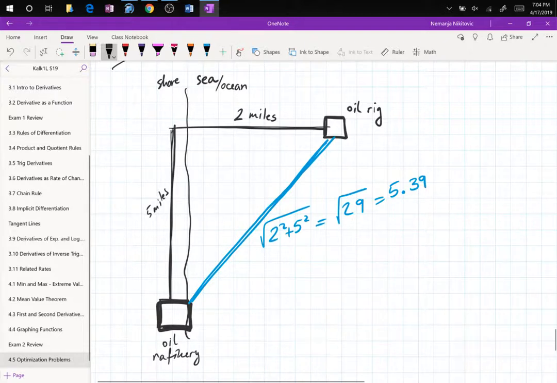And so what would be the cost of, but let's just make up some numbers. For a mile on land, 200,000. Maybe that's low, but 200K for 1 mile.